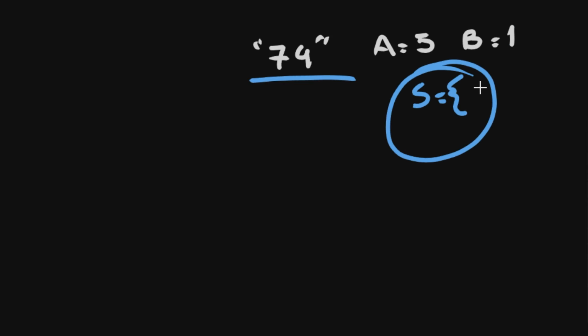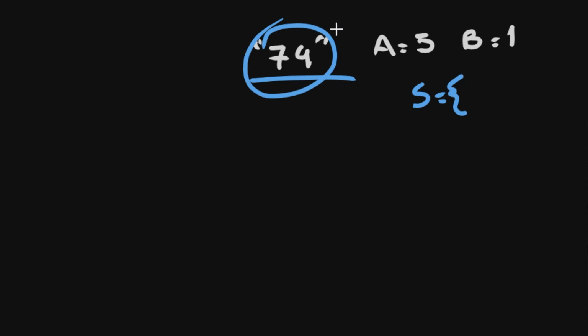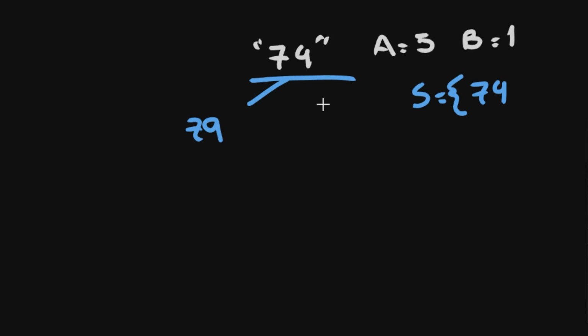For this we will have a set that's initially empty, and we are storing every string here. First we have 74, so we can add this. And now we can do the first operation, so the result here will be 79, and for the second operation we get 47.